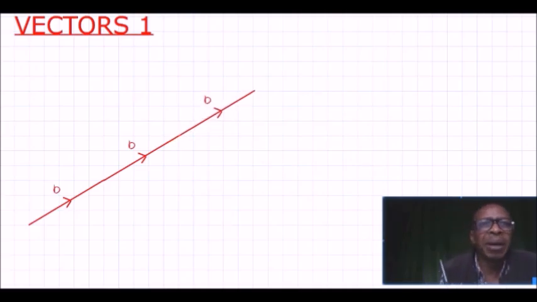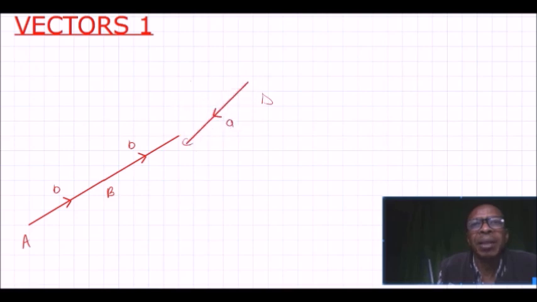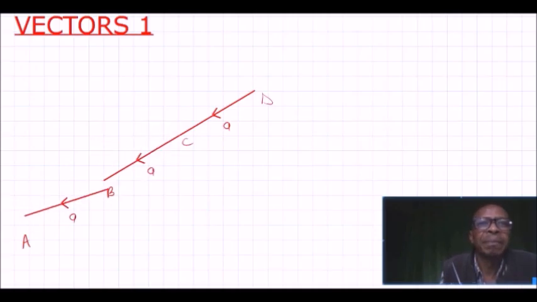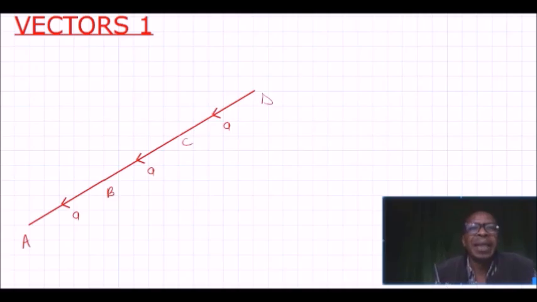Suppose now this is our vector A, and we have B, C, and D. If we change the direction of these vectors, you see what has happened. Our vector A has changed direction.